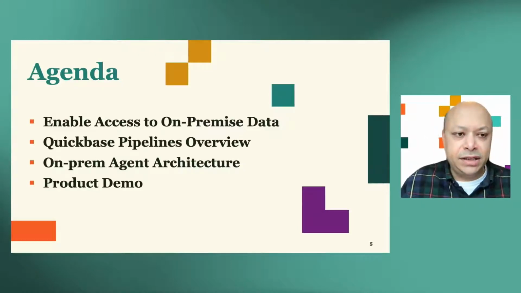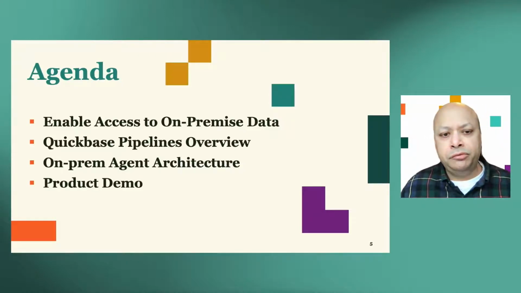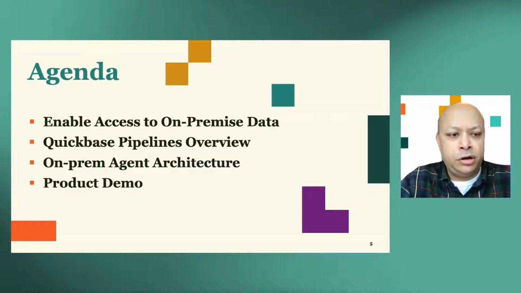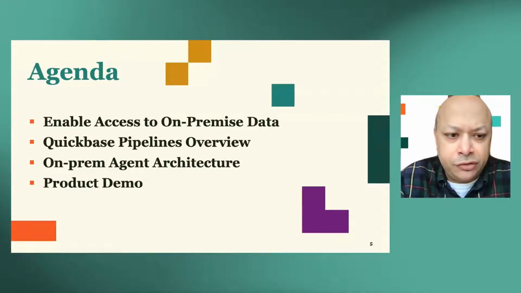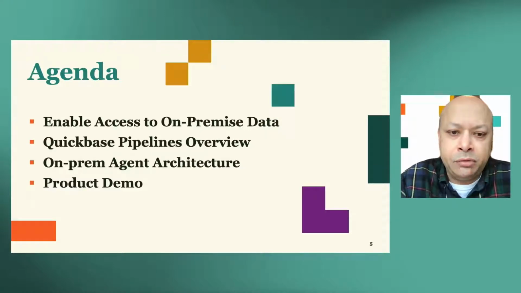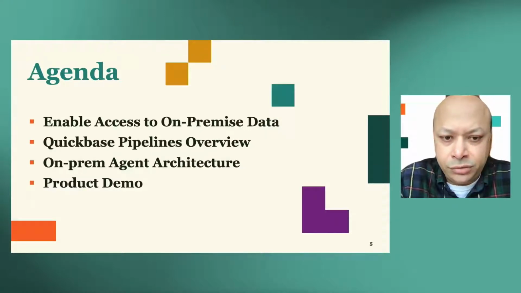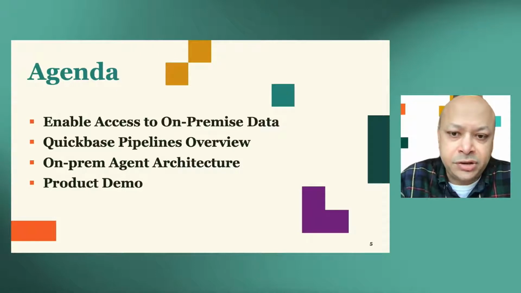So with that, we wanted to cover 4 things today. First, an overview of what it is that we are trying to achieve in terms of liberating your on-prem data. Then a quick overview of the Quickbase pipelines feature for those of you who haven't had a chance to use it yet.